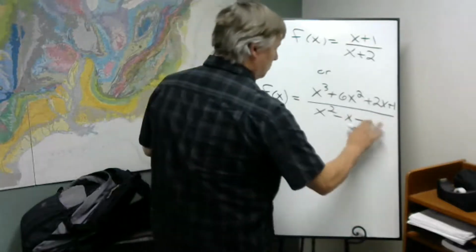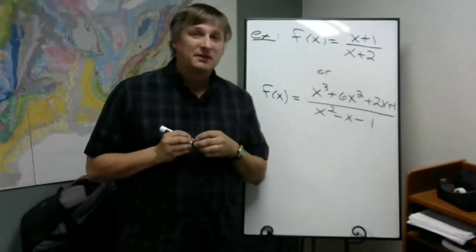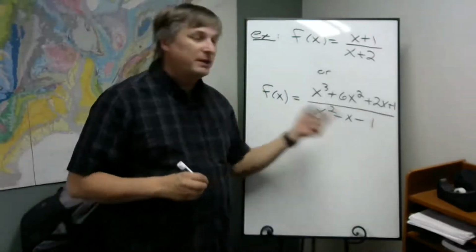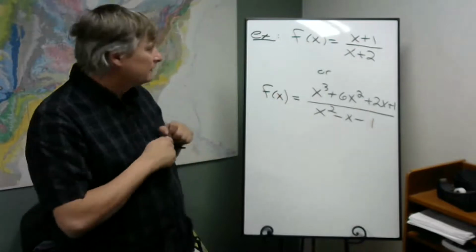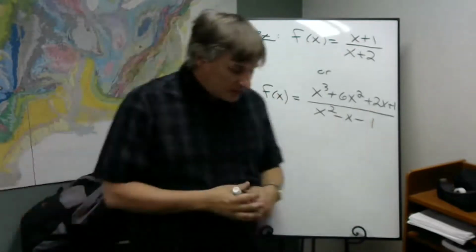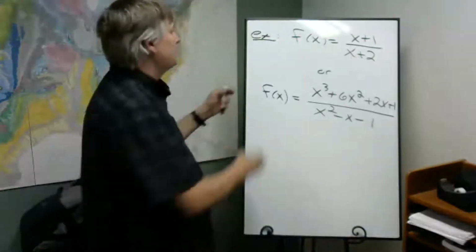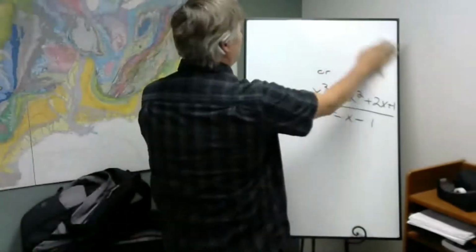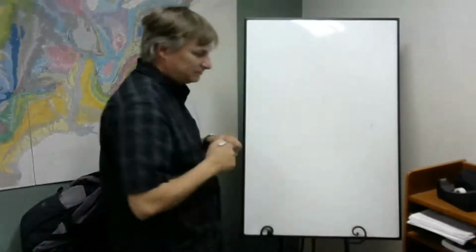Oh, this is one here. So we could have something like this. This would be a rational function. Two different rational functions. So the first thing they're going to ask us to do is domain. Now this hasn't been much of an issue in the past, but it's going to become an issue now.